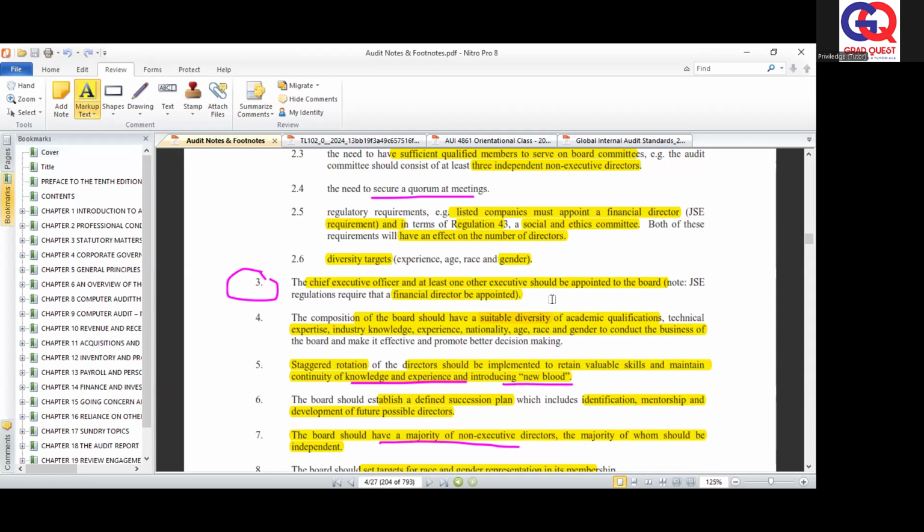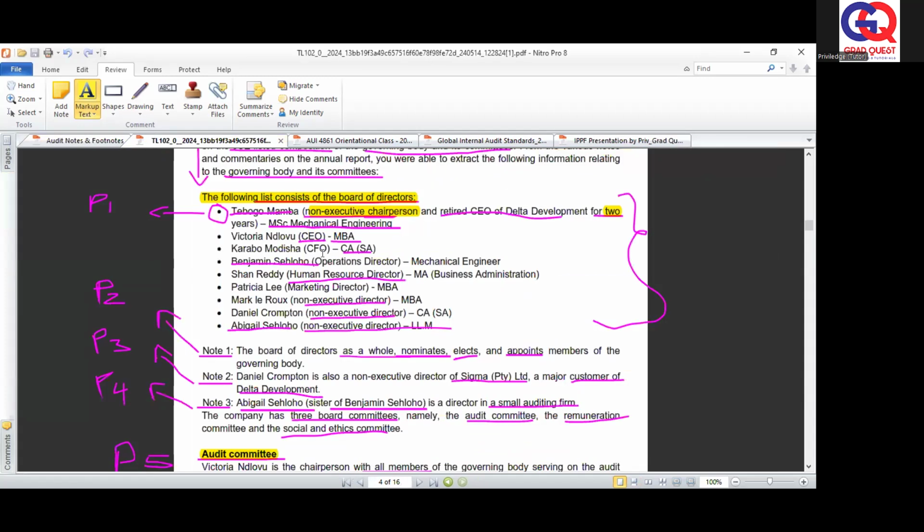So not only is it an issue of recommendations according to the King 4, but it's also a way of adhering to the JSE requirements for them to have a chief financial officer as part of the board members along with the CEO. Unless there are other details here, for now I can say there's nothing wrong. That's why you notice I did not put any problem area around these two individuals for now.